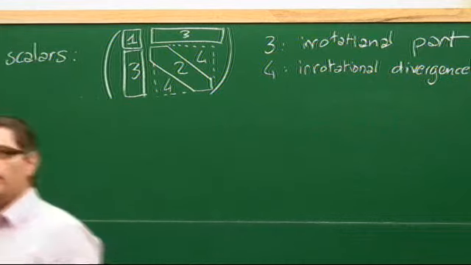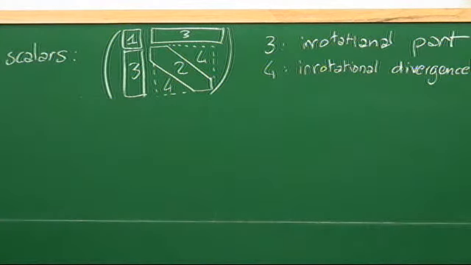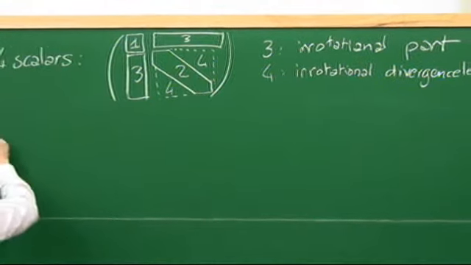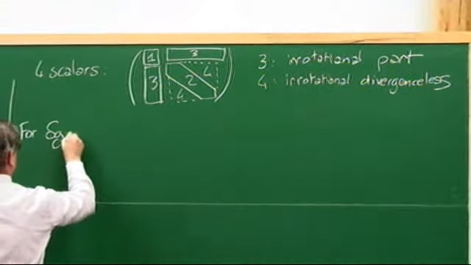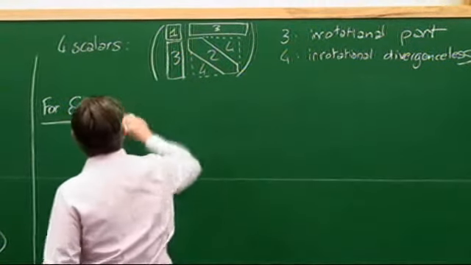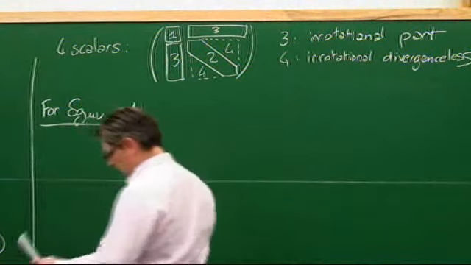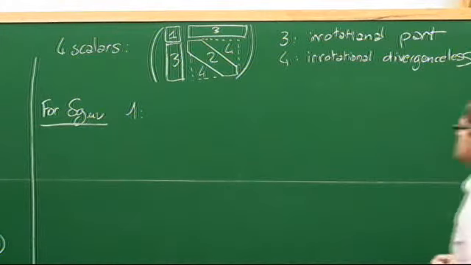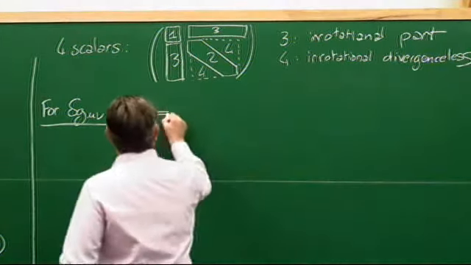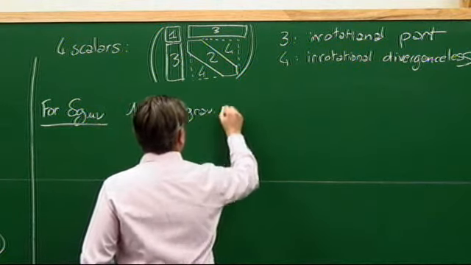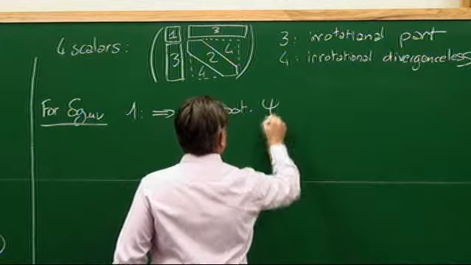Okay, now let's be more explicit, and we start with the example of metric perturbation. In this case, what is in 1 is the generalization of Newton's gravitational potential. So, we will introduce the gravitational potential, psi.